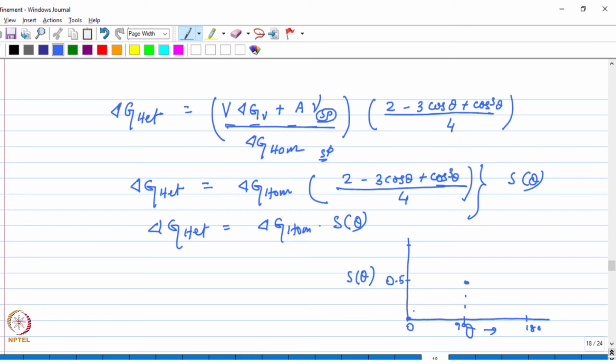Right? So it will vary like this. And as you could see, when theta is equal to 180 degree, S theta becomes 1.